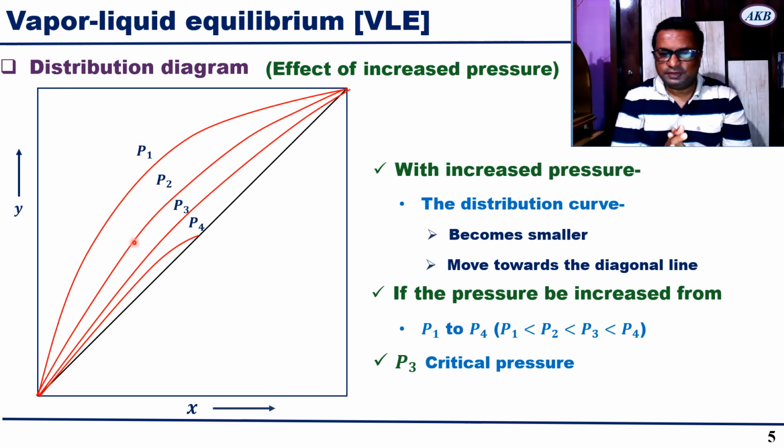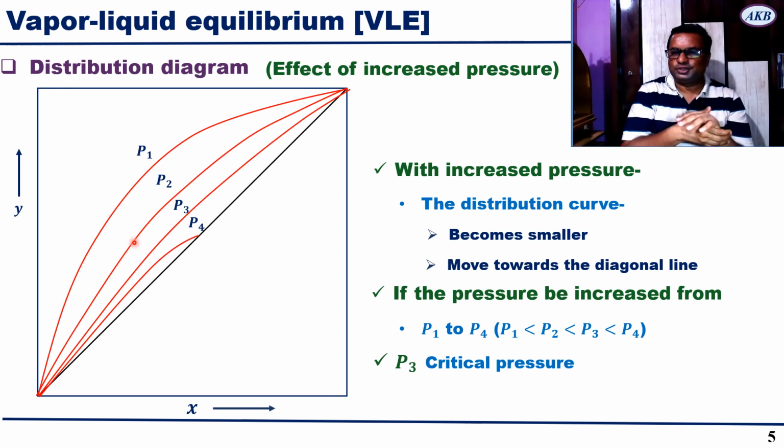Okay, so in this short video, I have discussed a different way of representing vapor liquid equilibrium. What is that way? The way is to plot the distribution diagram. The distribution diagram is a plot of mole fractions of the more volatile component in the liquid and vapor phases.